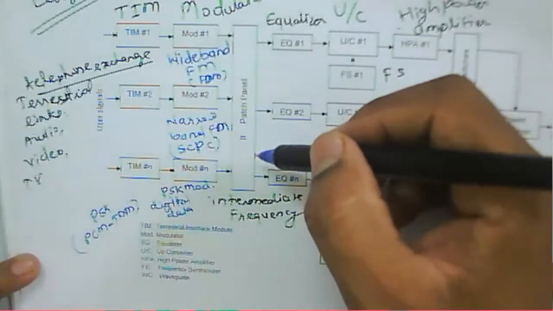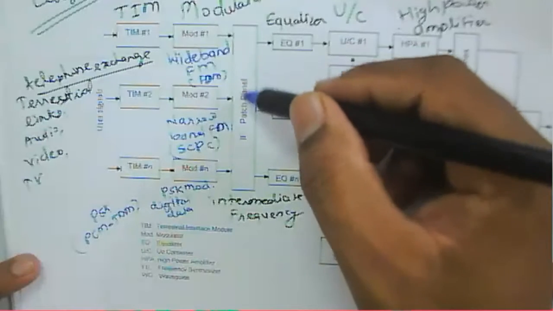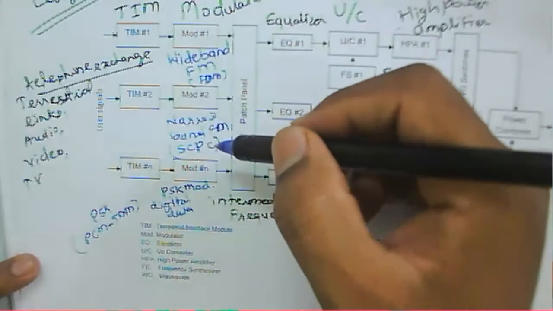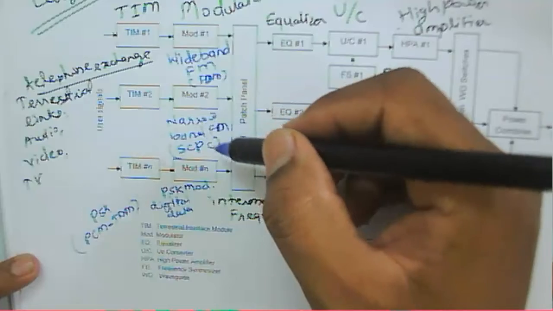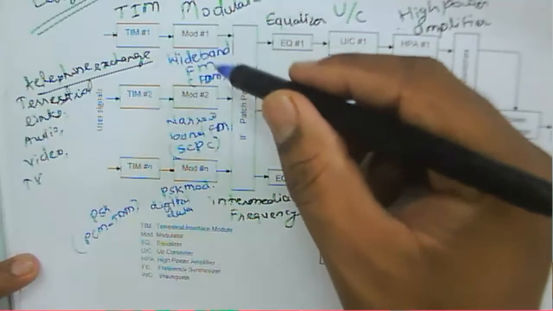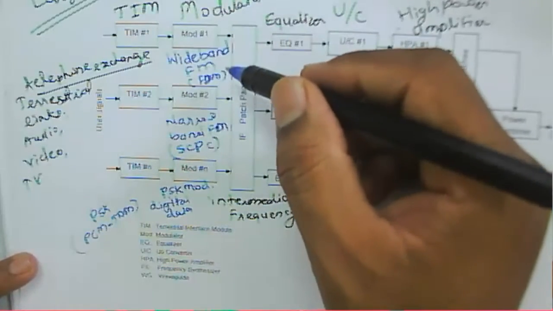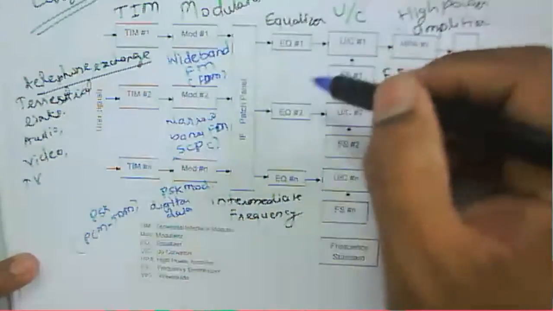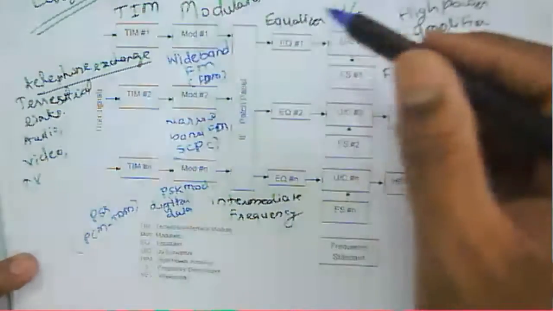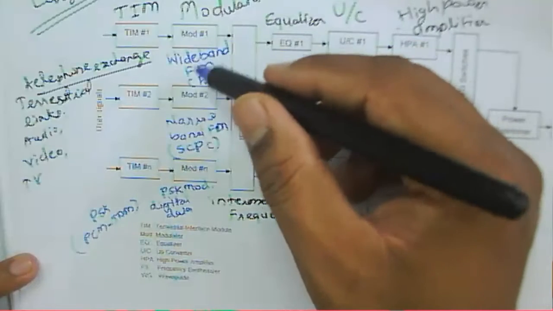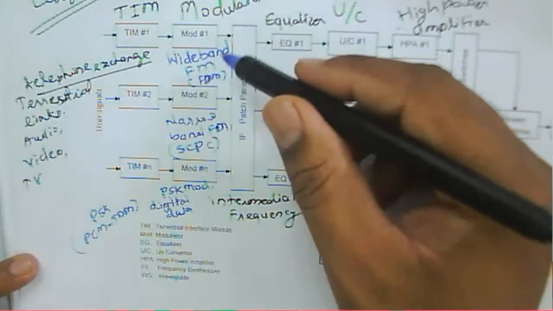Then the IF patch panel will select the carrier according to the input we have, that particular carrier which is to be uplinked here. So according to that, they will select that IF here.